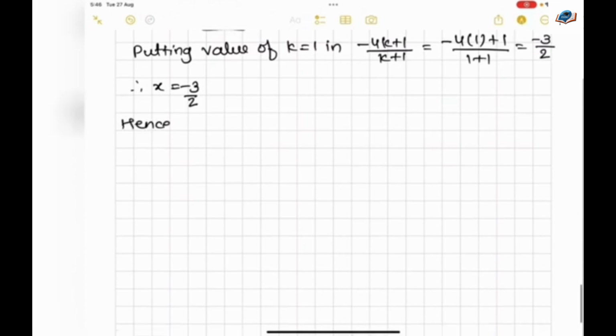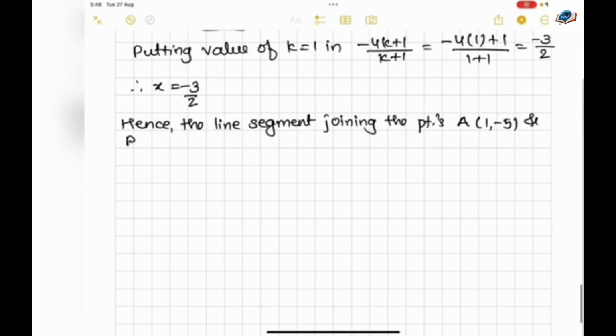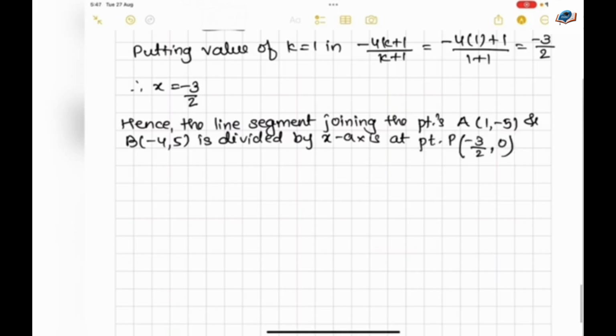Hence, the line segment joining the points A 1 comma minus 5 and B minus 4 comma 5 is divided by x-axis at point P minus 3 by 2 comma 0 in 1:1 ratio.